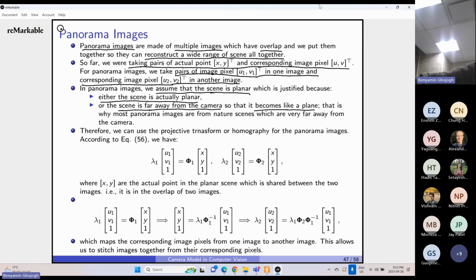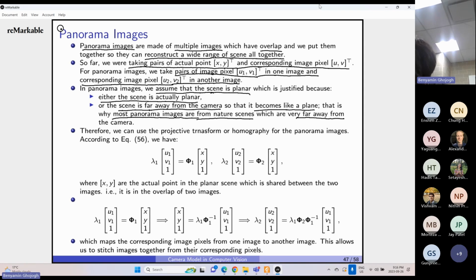They become like a plane, right? And now we understand why most panorama images are of nature scenes, like deserts or skies or very far away mountains. This is the reason. The scene must be assumed to be planar, which is far away from the camera.